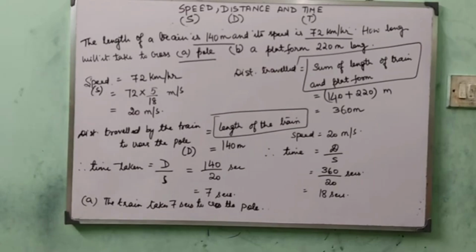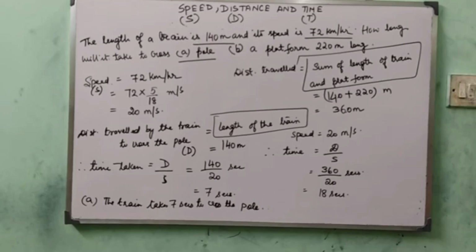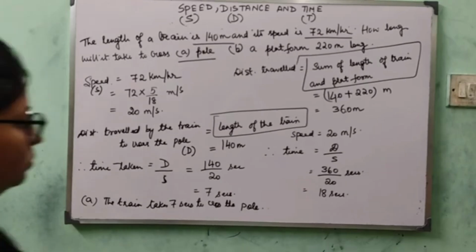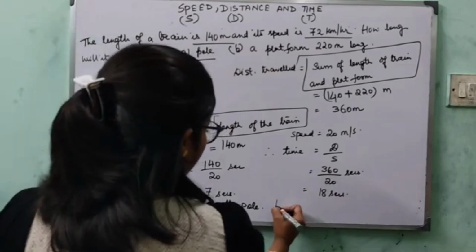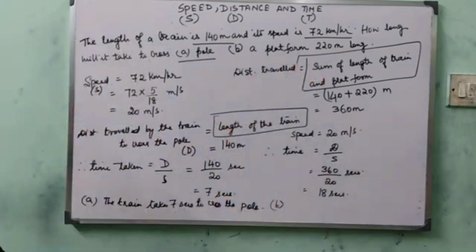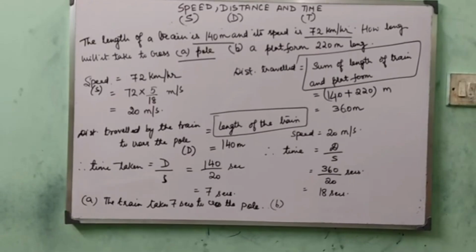So 360 is your total distance traveled by the train to cross the platform. So you can write over here that the train takes 18 seconds to cross the platform that is 220 meter long. So first answer is 7 seconds and the second answer is 18 seconds. All right.